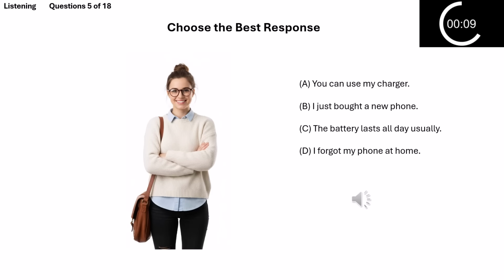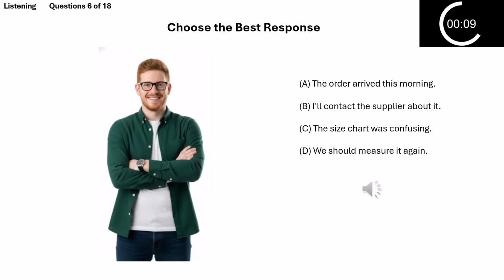My phone battery's almost dead. I think we ordered the wrong size.